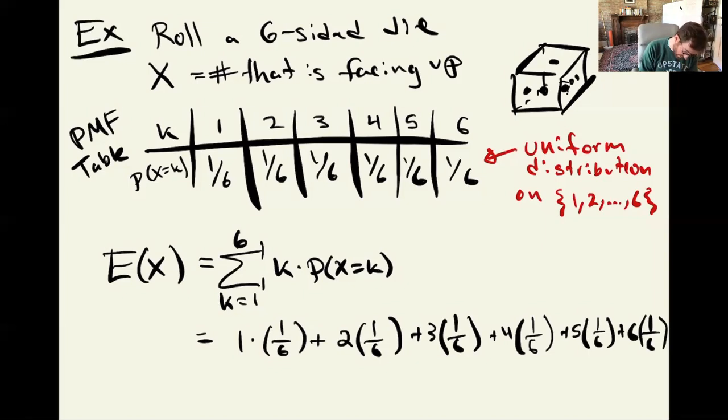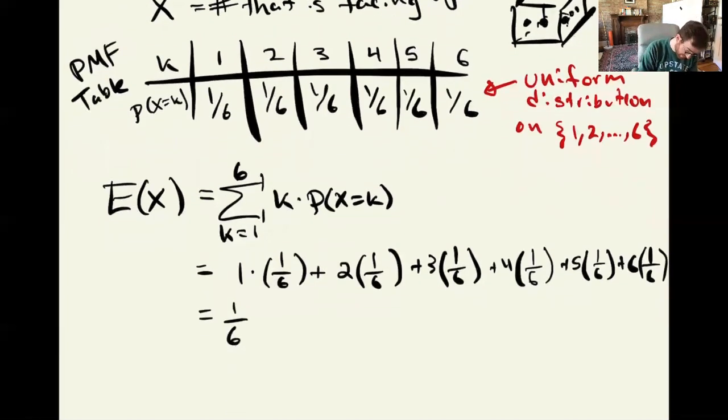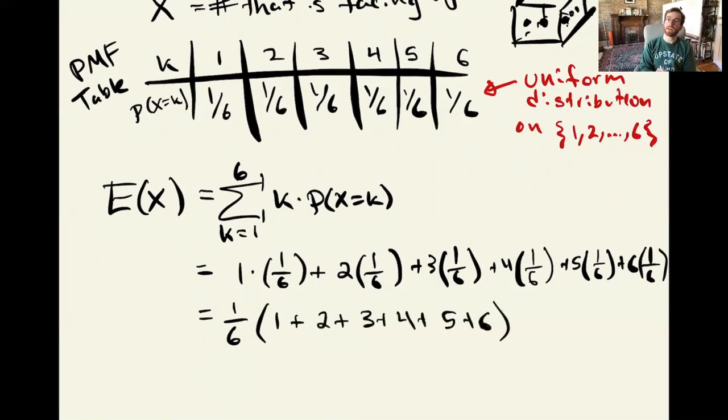Let me rearrange this a little bit and realize that a sixth is common to all of this. And so I just need to figure out the sum of 1 plus 2 plus 3 plus 4 plus 5 plus 6. And if I can figure out that sum, divide by 6, then I'm golden.